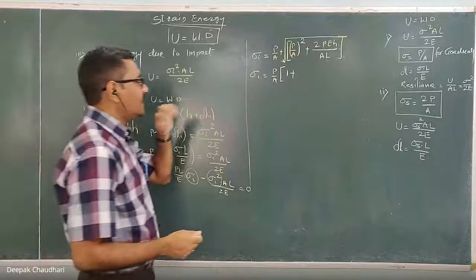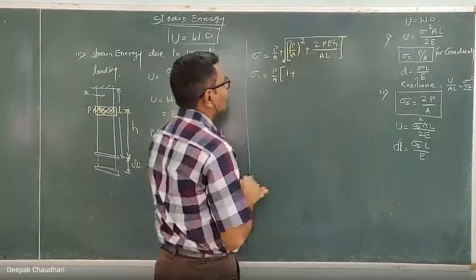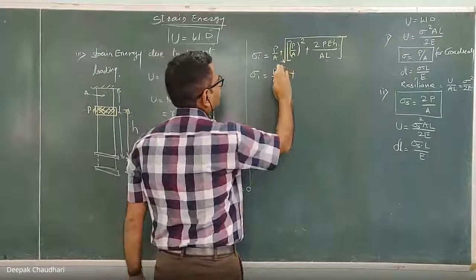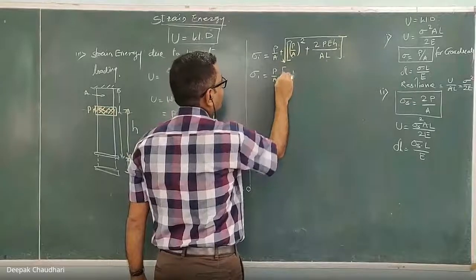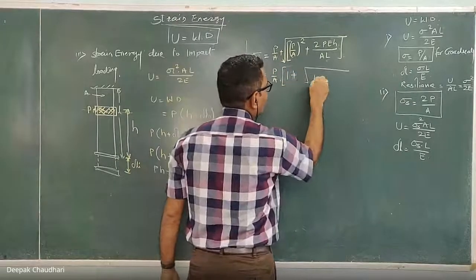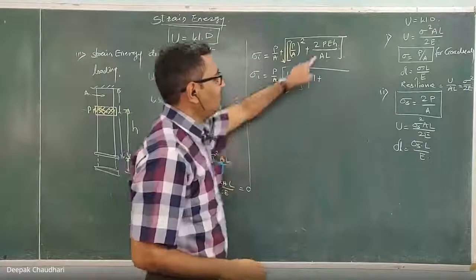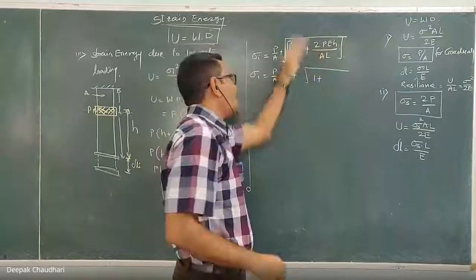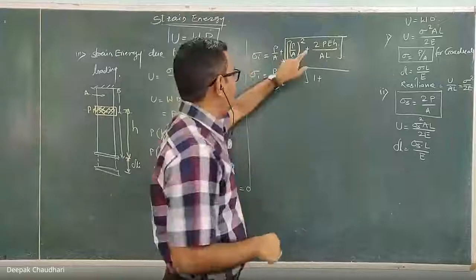Okay. Then if I take P upon A common, in bracket P upon A, 1 plus under root of 1 plus, now here it was under root of P upon A, but I have taken it common outside the under root.